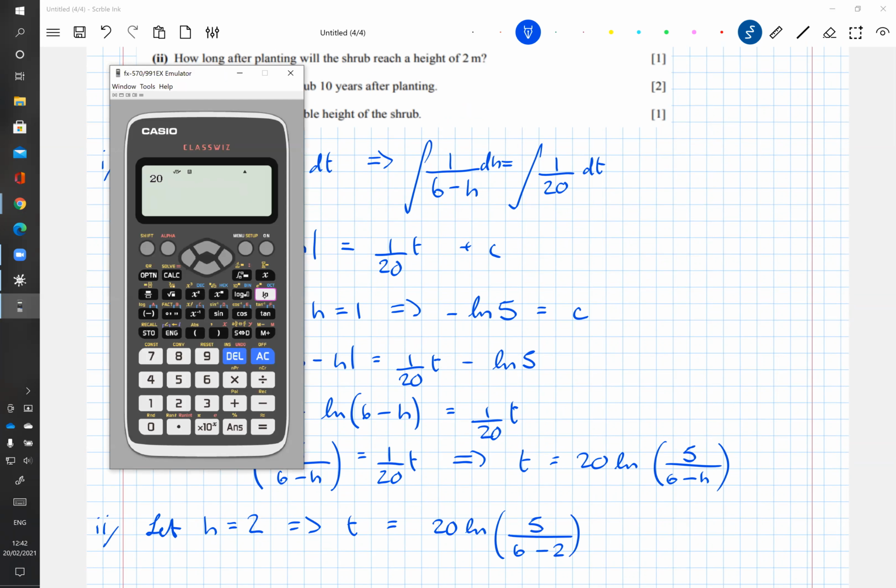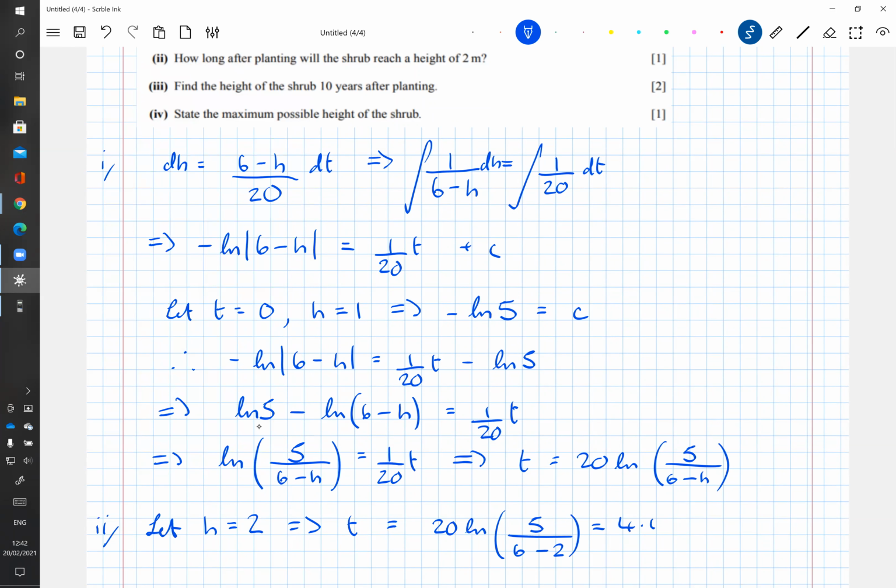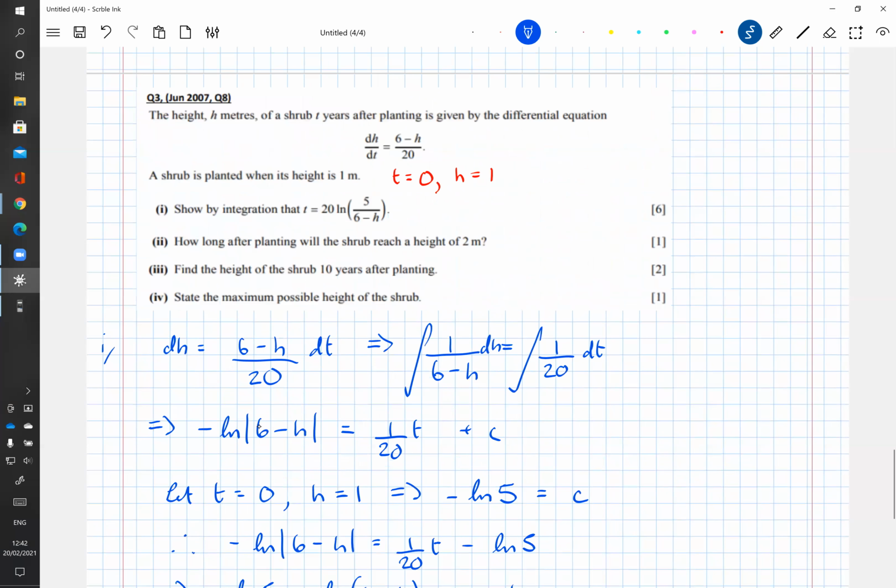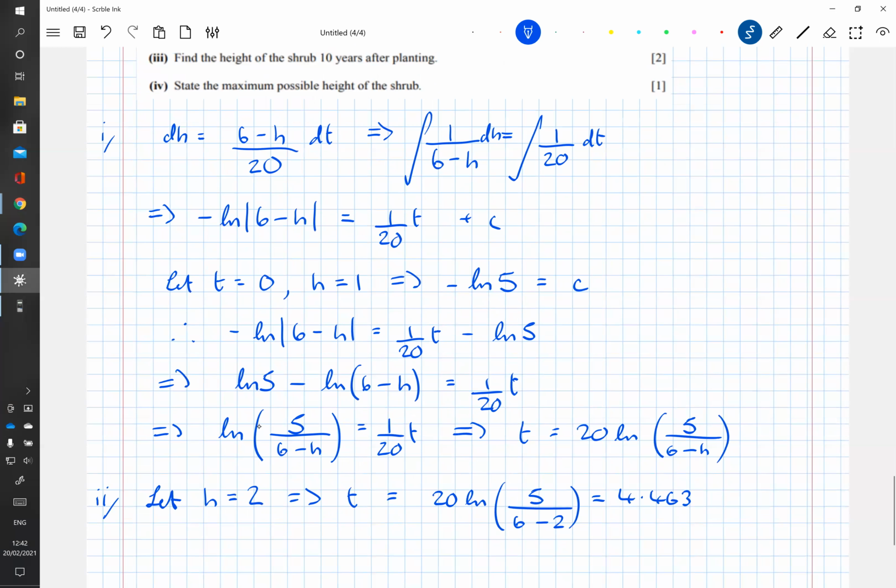So 20 log 5 quarters, which is 4.463. Let's have a look at the units. The units were years, so let's put the units years like that.